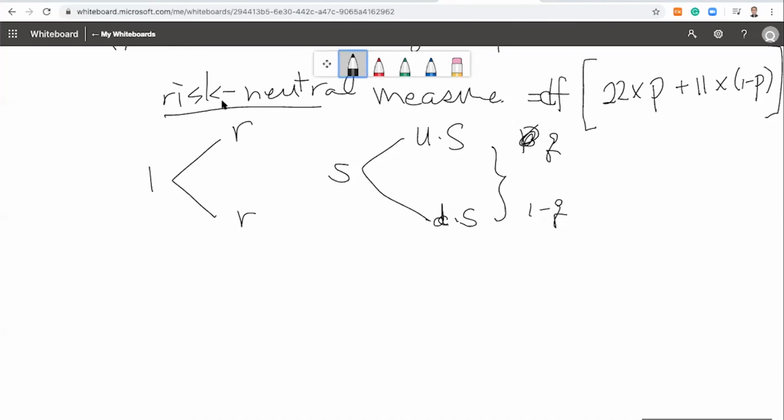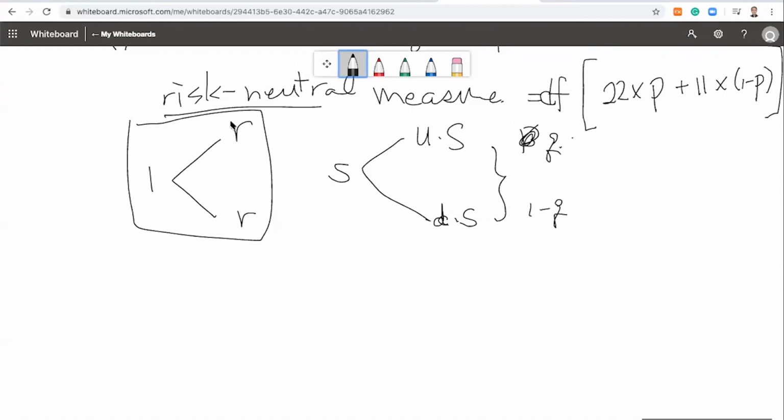This risk neutral guy has his own Q on the up state. Since this is Q, the down state is 1 minus Q. Let's think about what his Q is. How can you calculate this value?